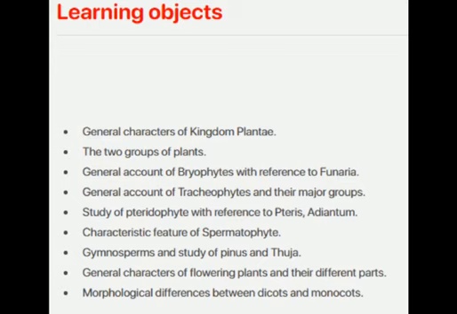So in this way they make an ecosystem. All of you know that the plant cell is surrounded by a cell wall which is made up of cellulose. So these are the characteristics of plants.